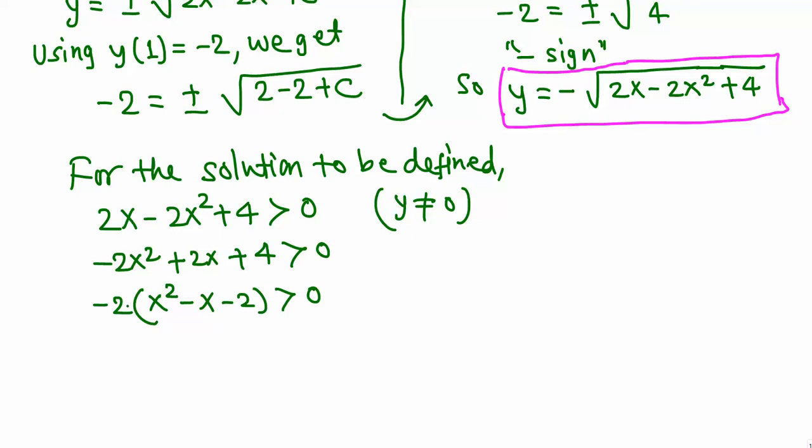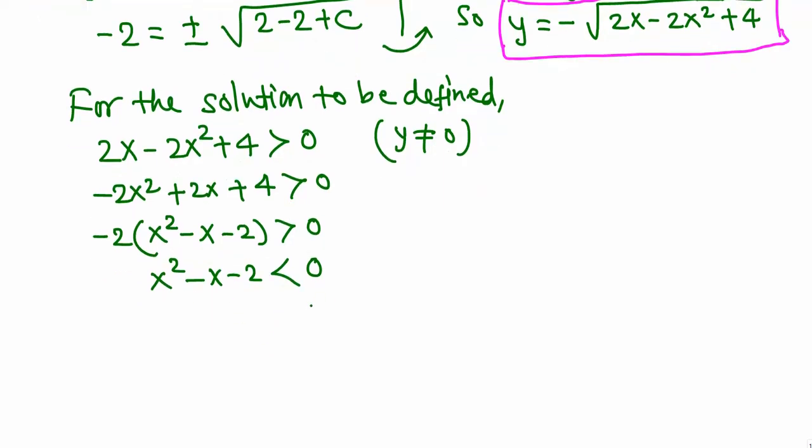Let's divide by negative 2. We get x squared minus x minus 2. When we divide by a negative number, we need to switch this inequality. So 0 over negative 2 is also 0. So we should have x squared minus x minus 2 less than 0.